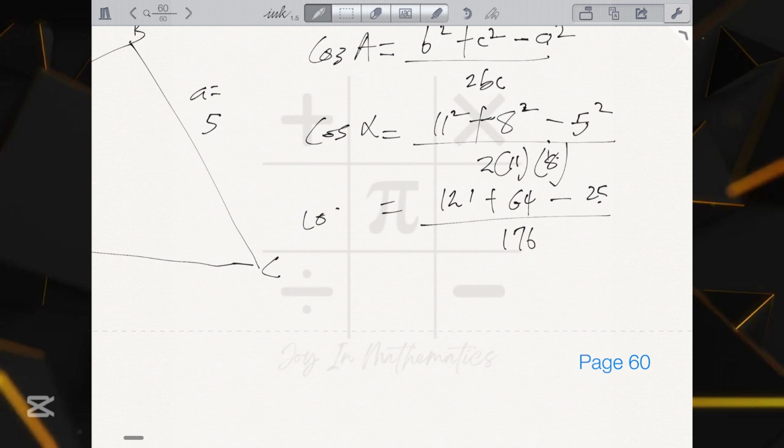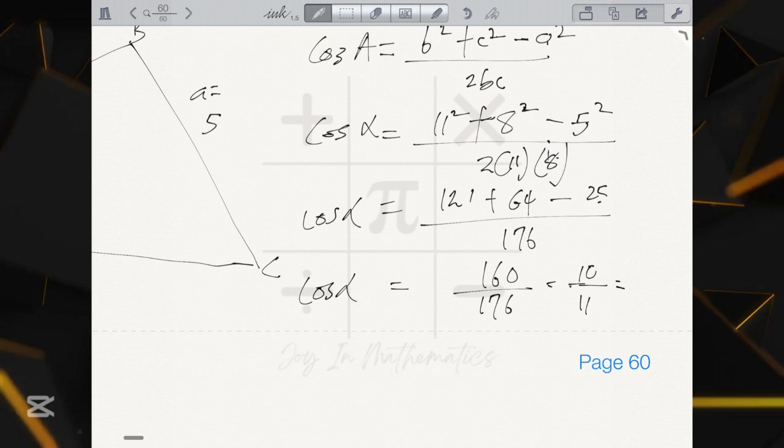This is for cos alpha. So we are still on cos alpha, and cos alpha will give us, for the numerator, 121 plus 64 minus 25, which is 160, divided by 176, which is equal to 10 over 11.